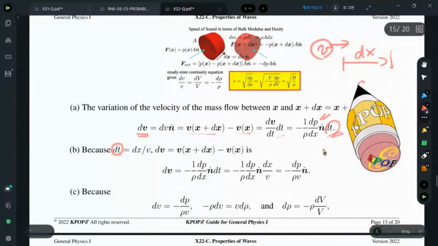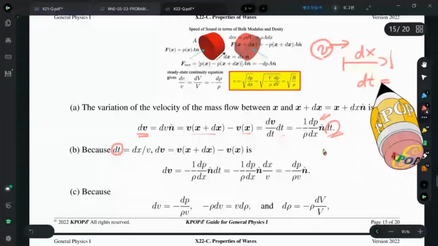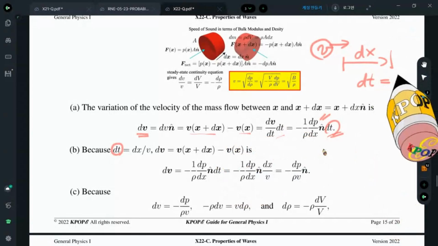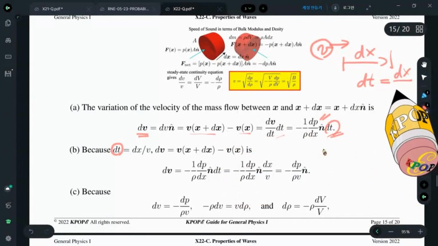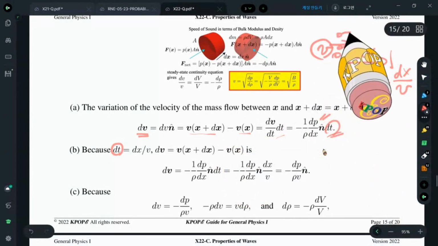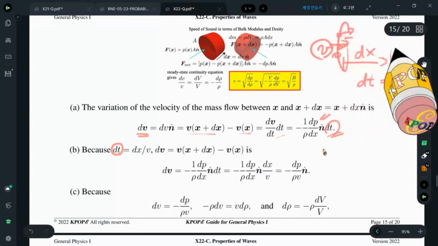So the time is just this distance divided by the velocity of this mass flow, as they are coming into the plane.